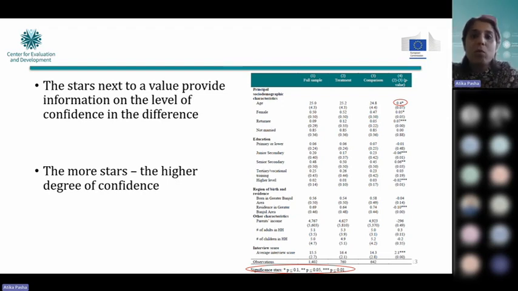So results which have more stars are traditionally the ones that are very reliable, and where we can be sure that our statistical testing is giving us a solid result, and there is very little likelihood of this being due to chance and not the true estimate.